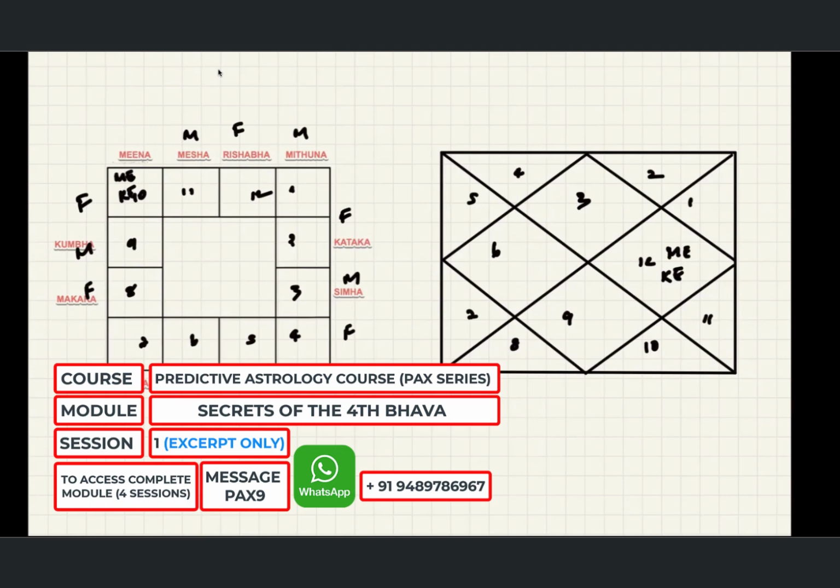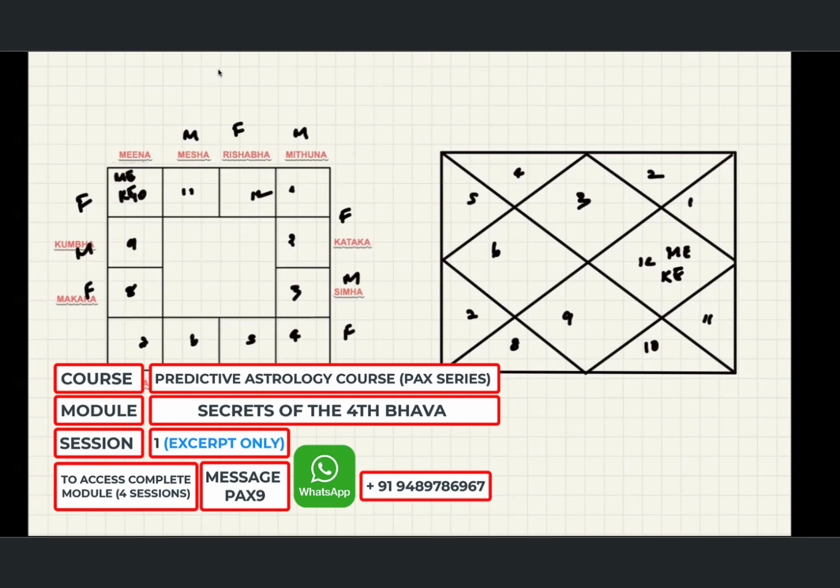So dikbala indicates strength. So here, the fourth bhava has Moon, Chandra Bhagavan, and is associated with Shani. Now, how do we predict? Moon, Chandra Bhagavan, gets into a dikbala here, right?